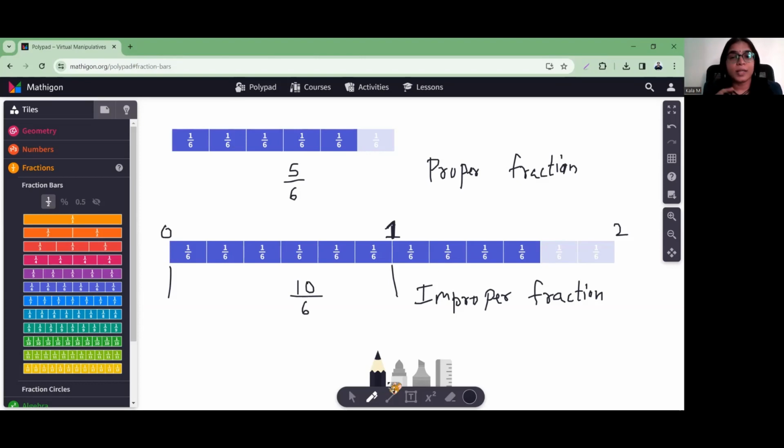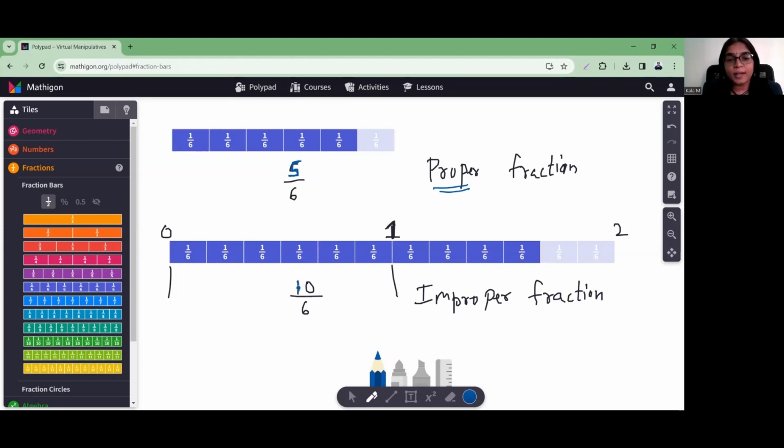And if you also notice, there's something that you can think about without representing using these blocks also. Look at this. The numerator is less than the denominator. Then it's a proper fraction.